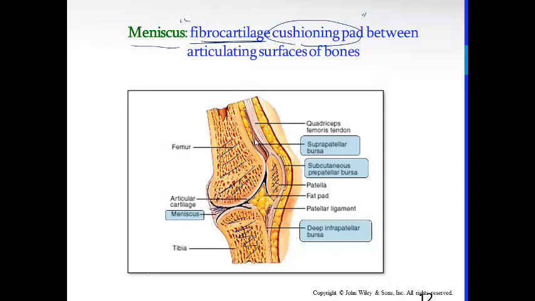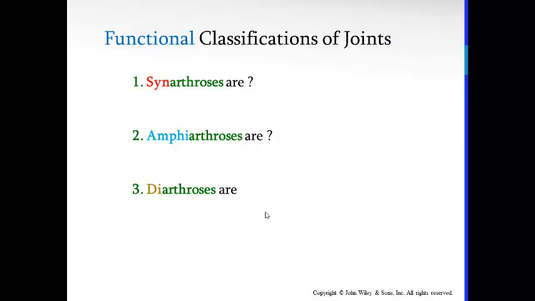Now the bursae: there is one above, the suprapatellar bursa. There's also the prepatellar bursa right in front of the patella, your kneecap, and also one below. These all give support to our tremendous joints.